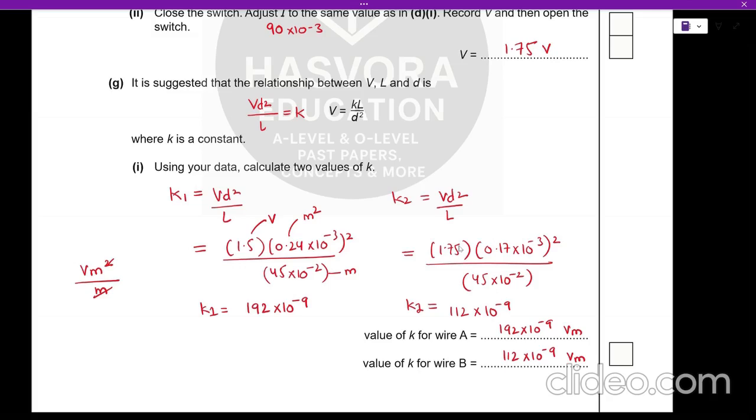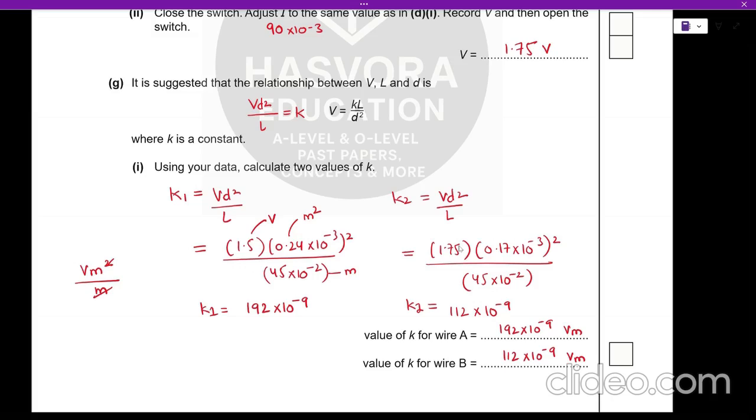So our K1 was obtained as 192 times 10 power minus 9. Then I also calculated the units. V was in volt and D square was in millimeter, that's why I multiplied it with 10 power minus 3, and the 45 was in centimeters, so I multiplied with minus 2, so it came in meter.